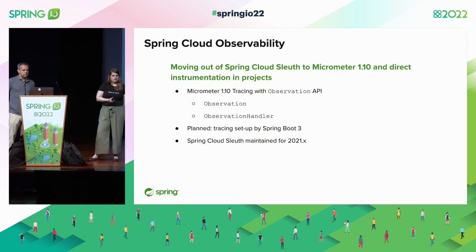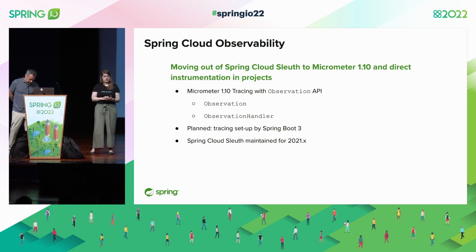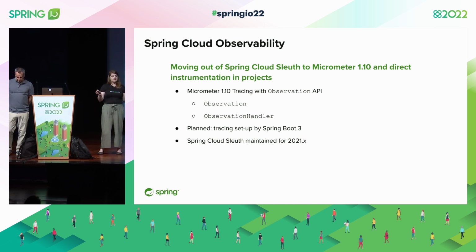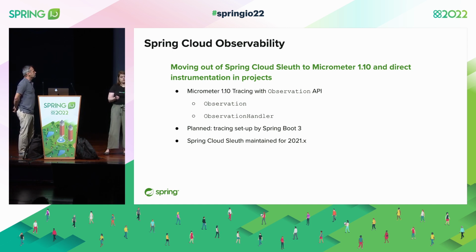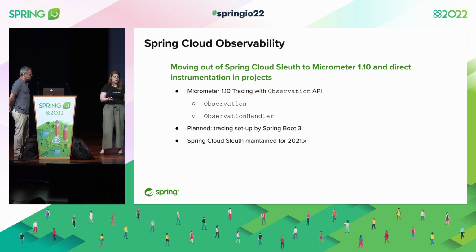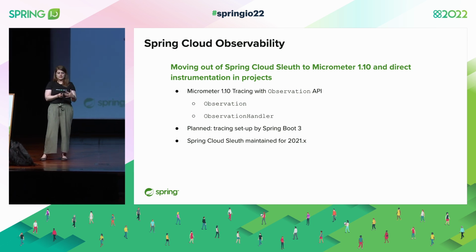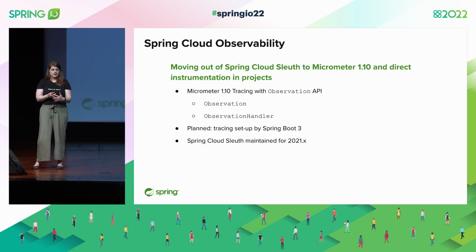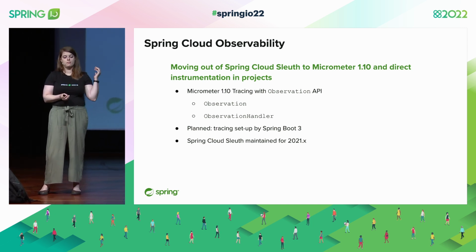Okay, perfect. Also, there are big changes happening throughout all our stack when it comes to observability. Spring Cloud had for a long time the project called Spring Cloud Sleuth that provided tracing support, and this will be now changing. So from Spring Cloud 2022, you will not be having Spring Cloud Sleuth anymore. We will only be maintaining this throughout 2021, and we will be moving, with the same functionality, to Micrometer.